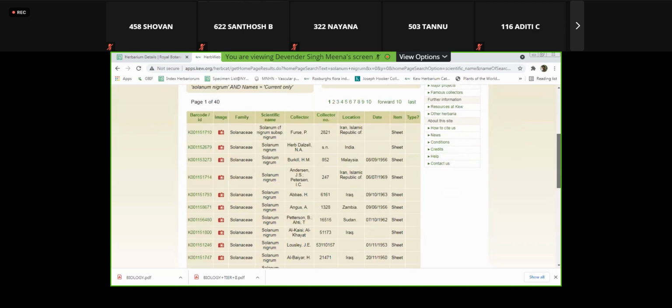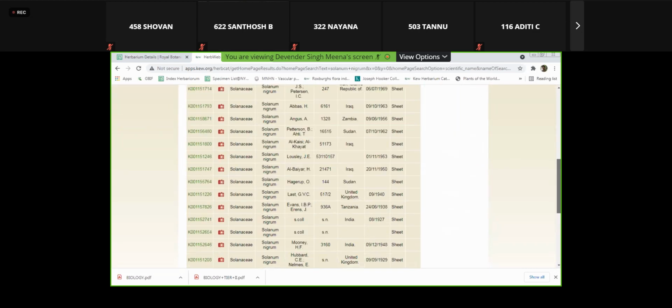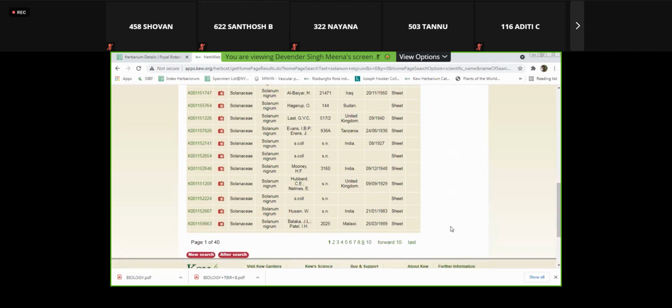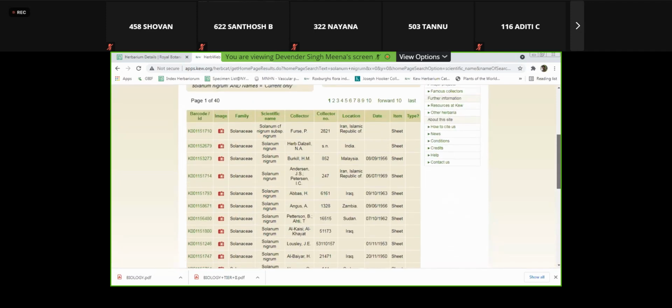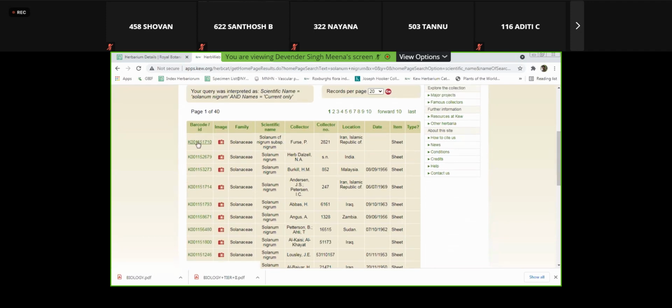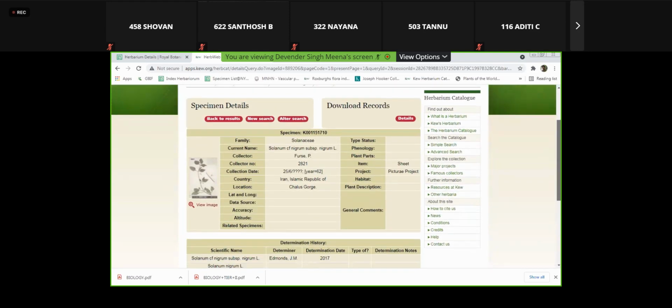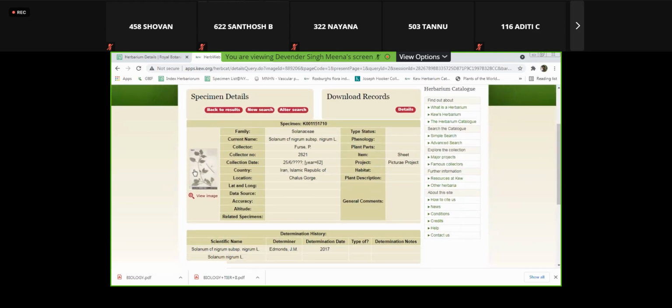I hope many of you have studied about the type concept and are aware about the types. So we have this much of samples, and we have around 10 pages of these samples. So I'm giving you an example. Okay, so just look at this specimen. So here we have all the details of this specimen, that this specimen belongs to the family Solanaceae, and its current name is Solanum nigrum, subspecies nigrum.